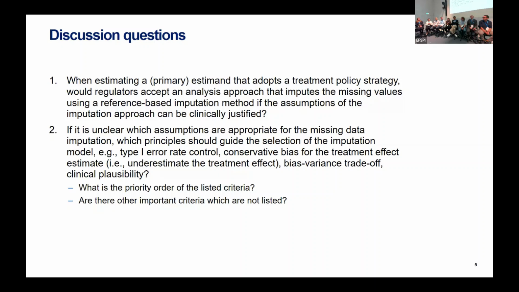And from my perspective, I would be most worried about bias. Biased estimates are definitely a problem. And depending, of course, I can live with some conservative bias, but not the opposite. So it's difficult to give a general view, but I think that would be my easy perspective on this one.